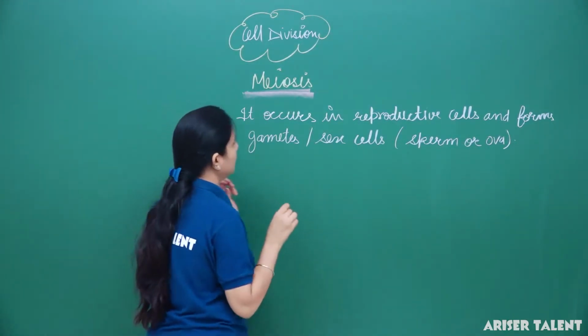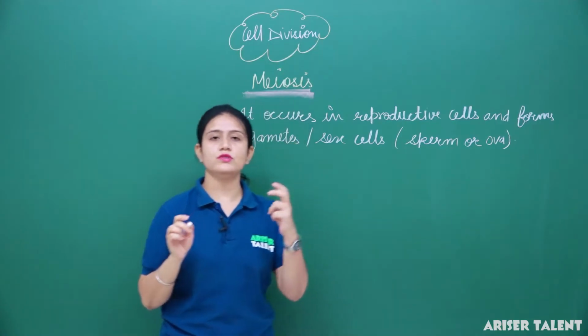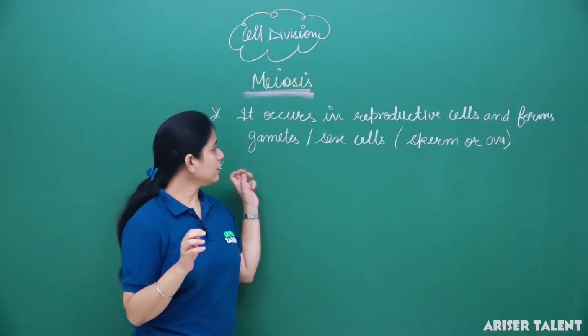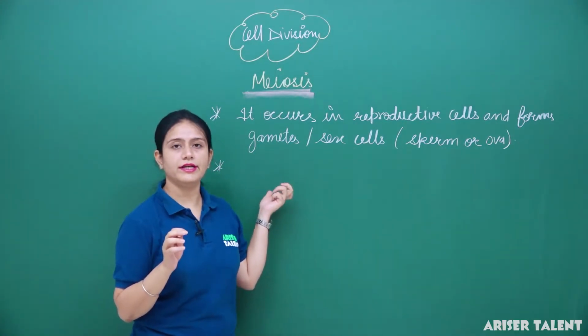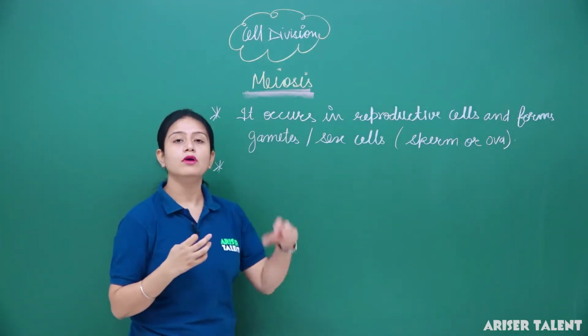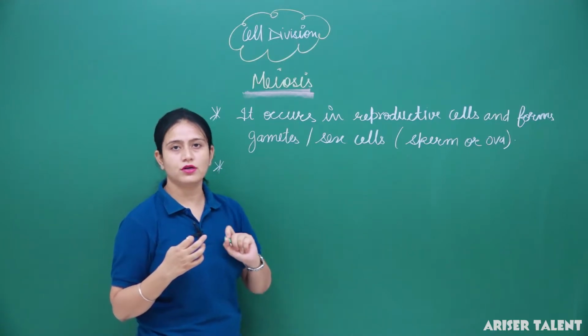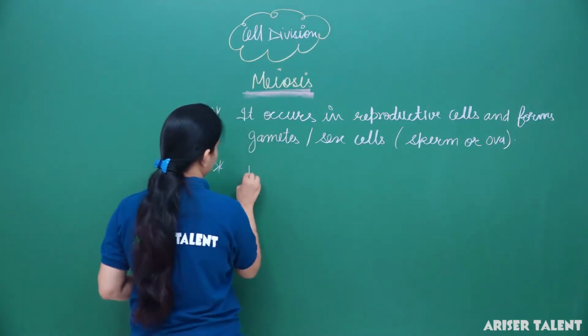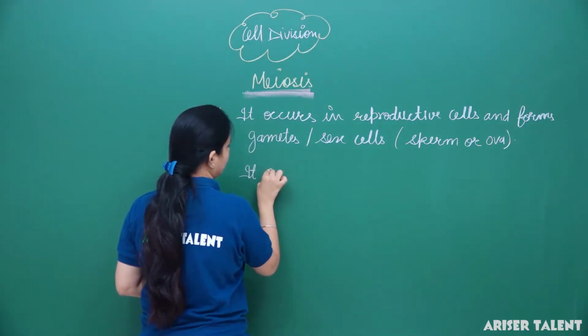Next, generally meiosis takes 2 steps, or we can say it occurs twice, because it divides the diploid cells and forms 4 haploid daughter cells.